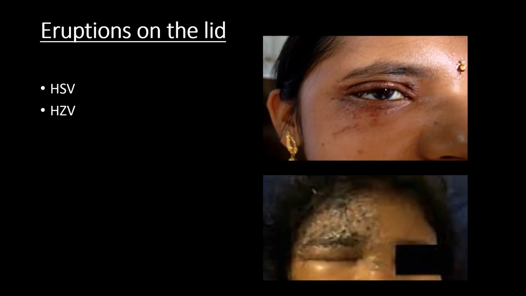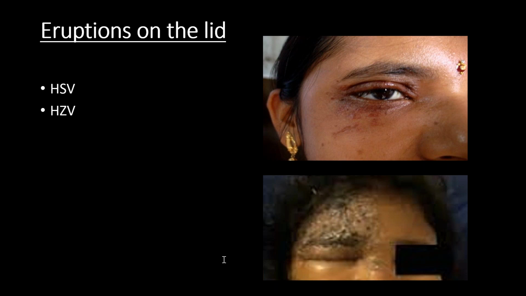Then you should look for any sort of eruptions on the eyelid, because viral infections, herpes simplex and herpes zoster, present with vesicular eruptions on the lid and forehead, and they always respect the midline. In the second picture below, you see that the infection is only on the right side of the patient and has not gone onto the left. Does anyone know what Hutchinson sign is? Correct.